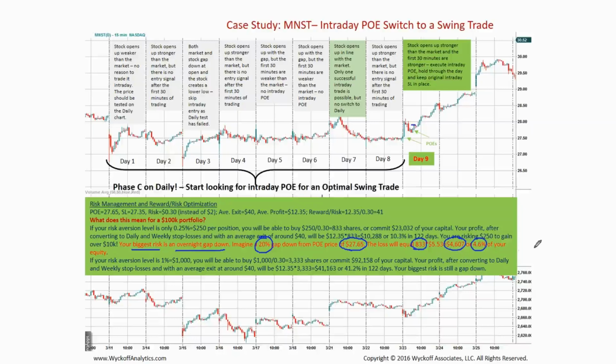So it's a significant number if your risk aversion is so small, because you're losing a lot of units of risk. But at the same time, in the bigger scheme of things, a 4.6% loss is actually quite acceptable, if you think about what kind of potential return you're expecting.